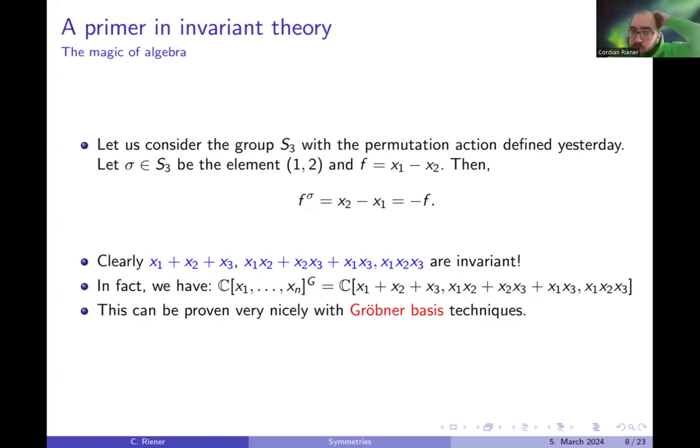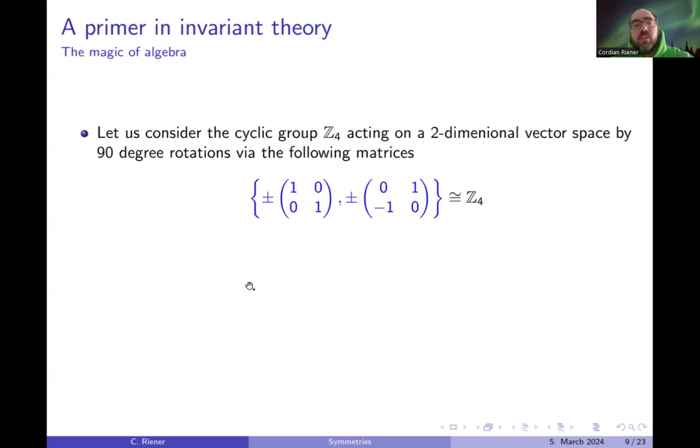This was already observed by Gauss in the beginning of the 19th century, and is very nicely explained, for example, in the book by Cox, Little, O'Shea in chapter 7, I think. For this specific group, it's very easy to do that, but we will come in a minute to the problem that this is not actually always easy.